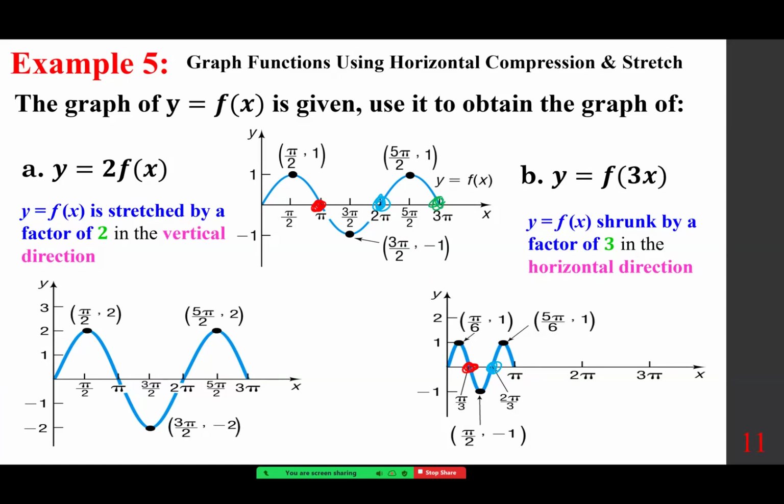Look at this one, 3 pi divided by 3 is pi. This one is here. This one is here. This one is here. So I think it's pretty straightforward as to what's happening, everybody. As I mentioned, with trigonometric functions, this makes more sense.